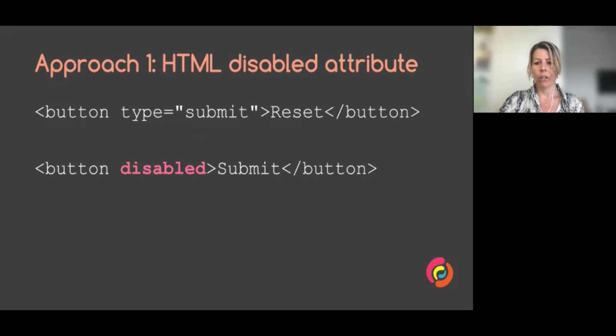So let's take a look at the first approach to disabling a button. And this is using the HTML disabled attribute. So on the slide, we have a markup for 2 button elements, a reset and a submit button. And the submit button has the HTML disabled attribute applied.